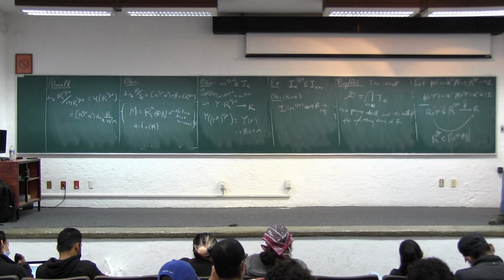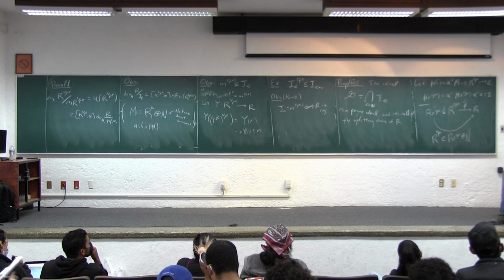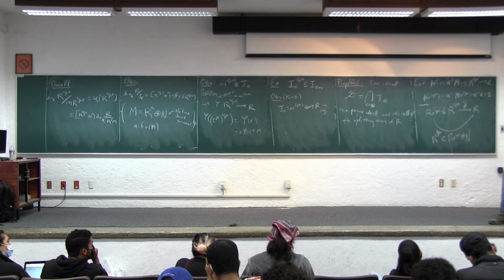Even further, it is the biggest proper ideal that is stable under the action of the differential operators. So even though we're playing with characteristic p, this has a differential structure.